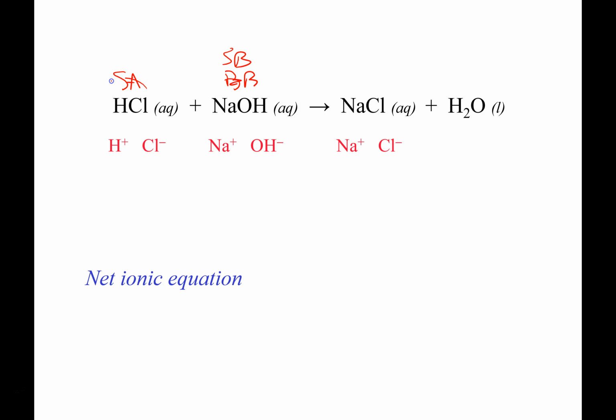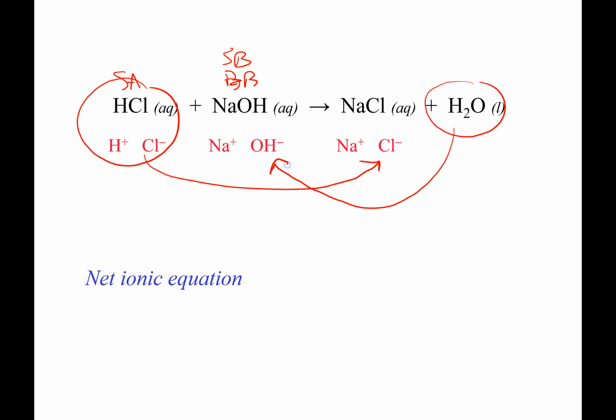Well, I got HCl differing by a proton from the chloride ion, and I got H2O differing by a proton from the hydroxide ion. We could remove the spectator ion.